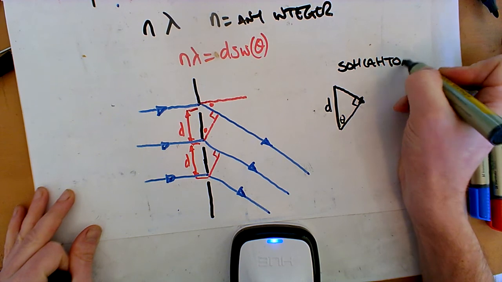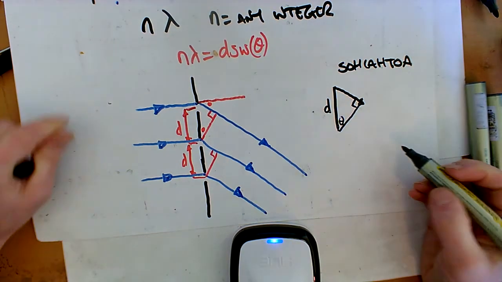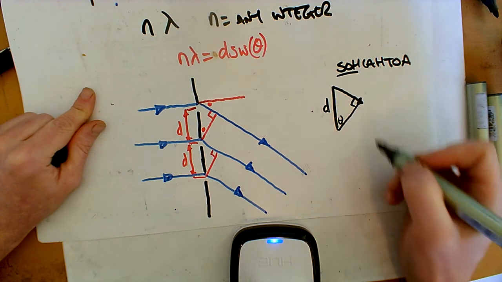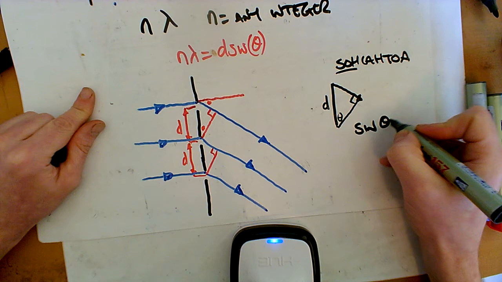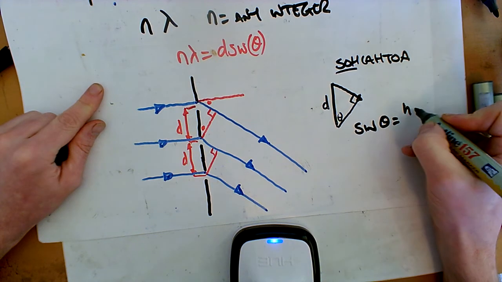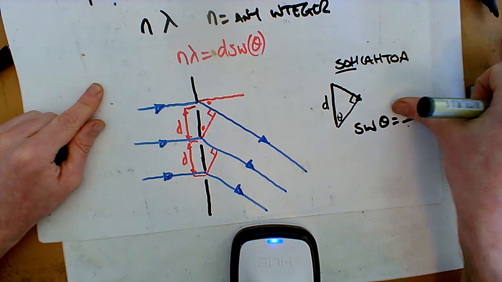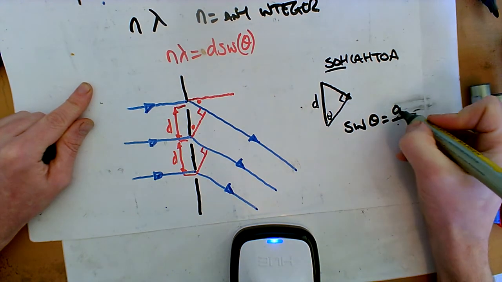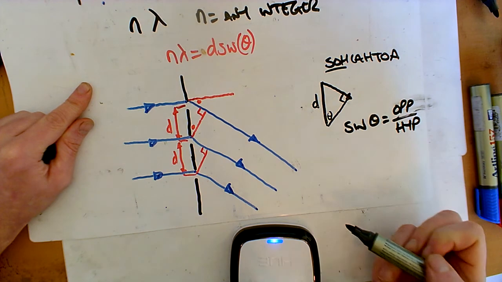What we want is to find this length. So what is that length? Well, we want our opposite here, so we're going to use sine. Sine of theta is equal to the opposite over the hypotenuse, and in this case, we know our hypotenuse is d.